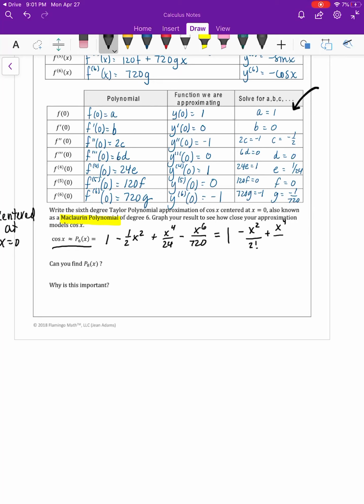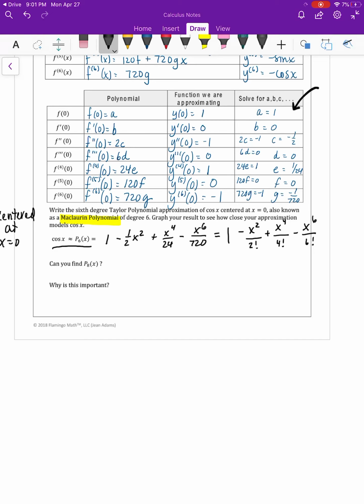Plus x to the 4th, and if I took 4 factorial, it'd be 4 times 3 times 2 times 1, which gives me 24. So 24 is 4 factorial, minus x to the 6th over 6 factorial. So you can write it like that to see the pattern.